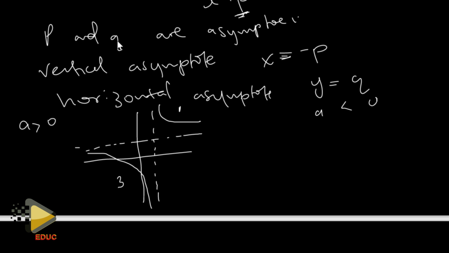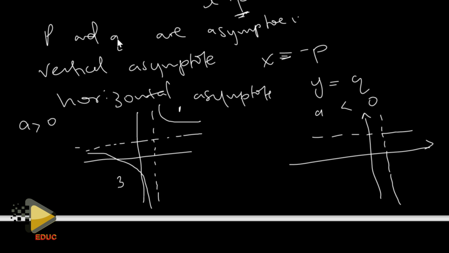If a is negative, then this hyperbola must be, let me still use the same asymptotes, in quadrant 2 and quadrant 4. So if a is negative, it should be in this format. If a is positive, it should be this one. This is the only graph where we have two arms that are plotted.